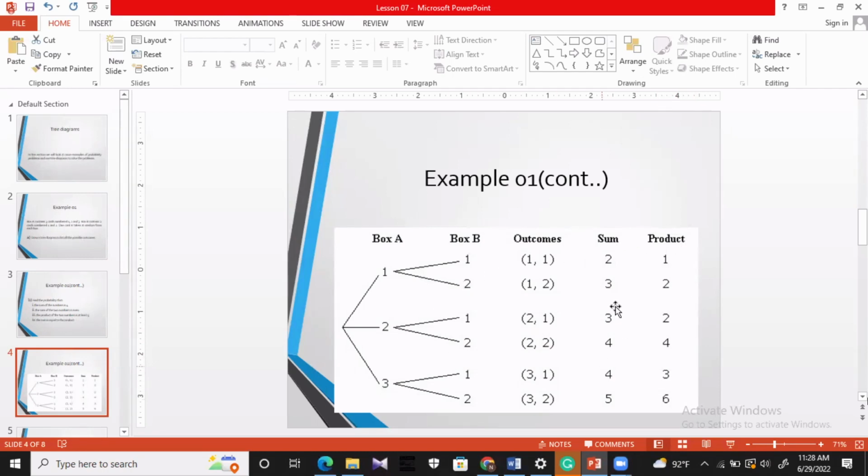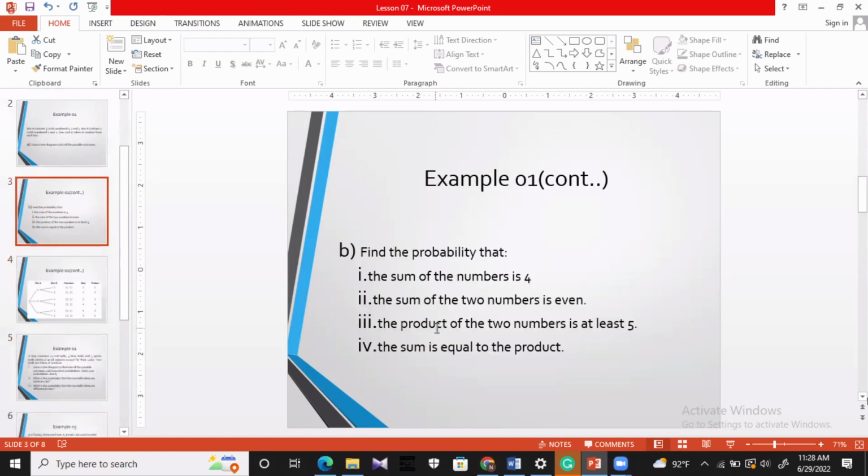Understand? So this is the final tree diagram for this problem, but remember you have to put associated probabilities as well. Without the probabilities, it is incomplete. So you have to complete the tree diagram first, according to the questions you need to answer.